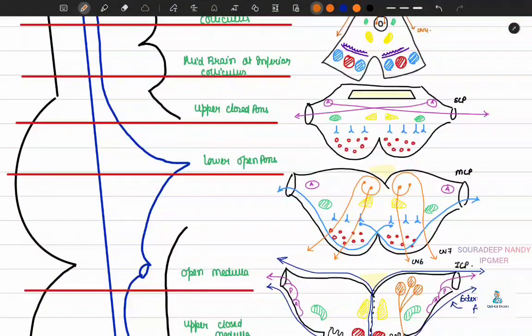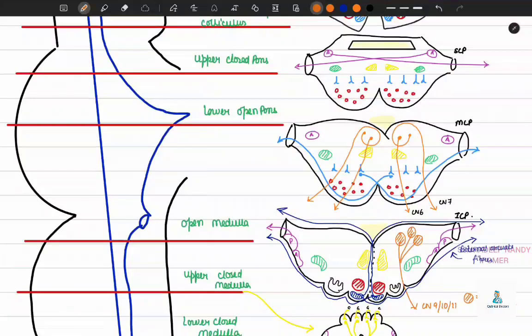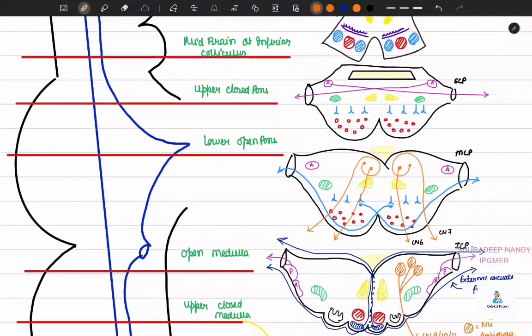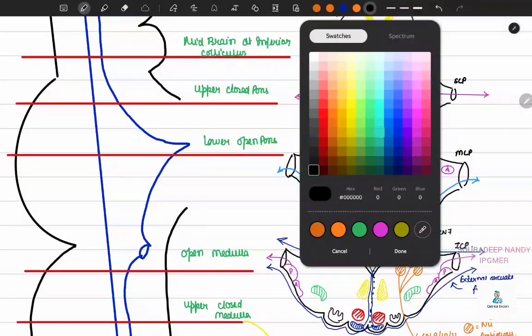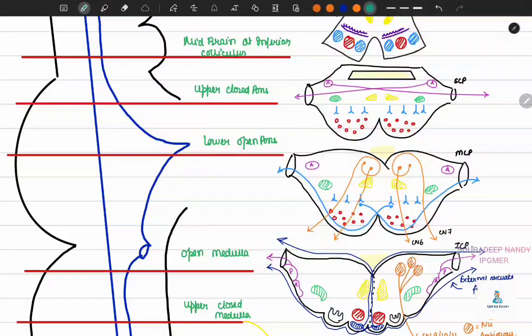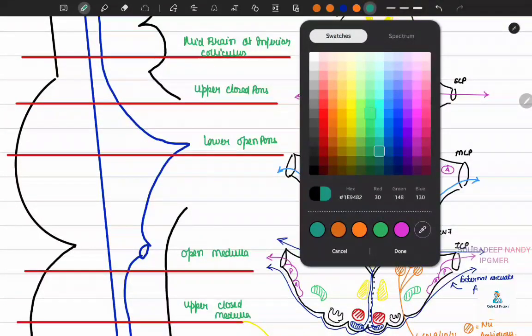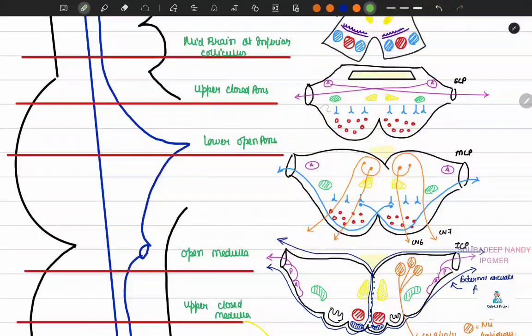Now what about the fifth nerve? So remember the trigeminal nerve. It enters the brainstem at the level of the upper closed pons. The trigeminal nucleus, which crosses the midline.